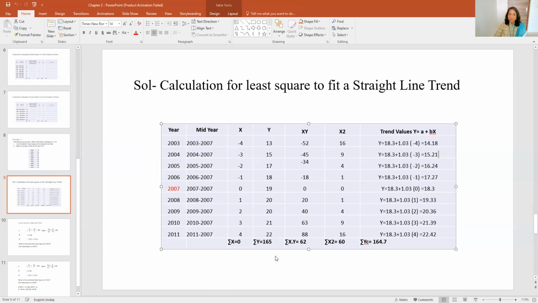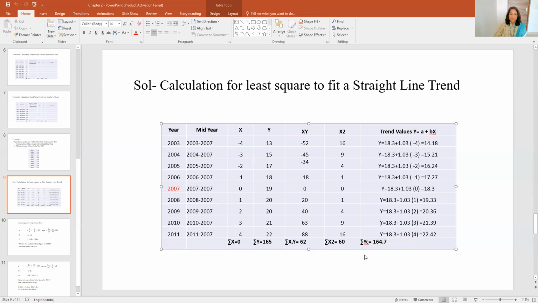Now the checkpoint is that the summation of Y should be equal to the summation of the trend values. When you add all those values, we got 164.7, because I have considered only 2 decimal points. So there may be a slight difference, but it should be almost similar: the summation of Y should be similar to the summation of YC.